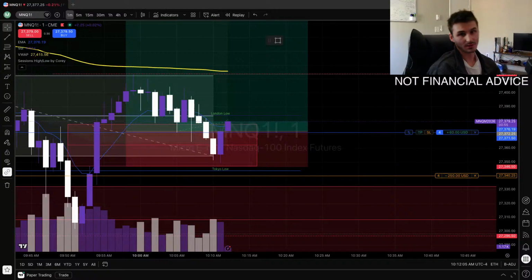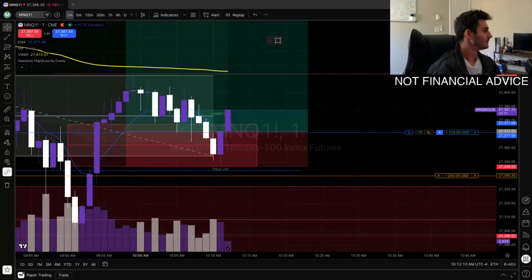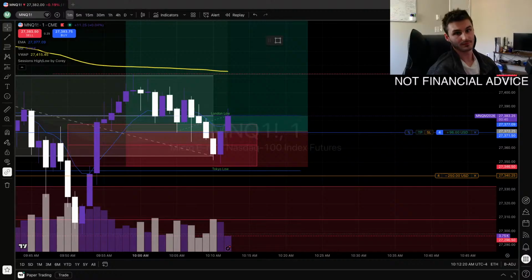I'm still keeping my stop loss in the same area. But that's a really good rejection right there, or bounce. But again, we can't do anything until we break that red line. Then I will move my stop to below that pivot. But in the meantime, we're just gonna keep waiting.